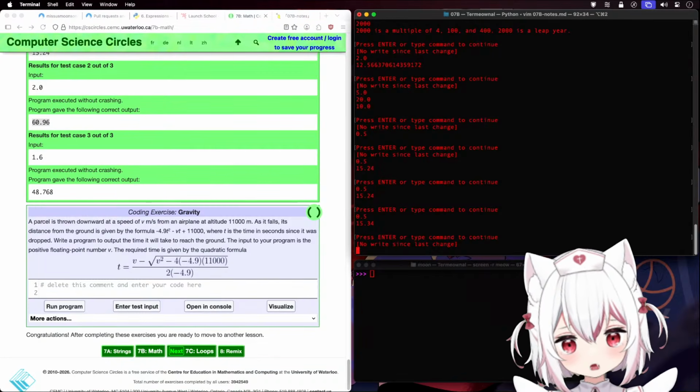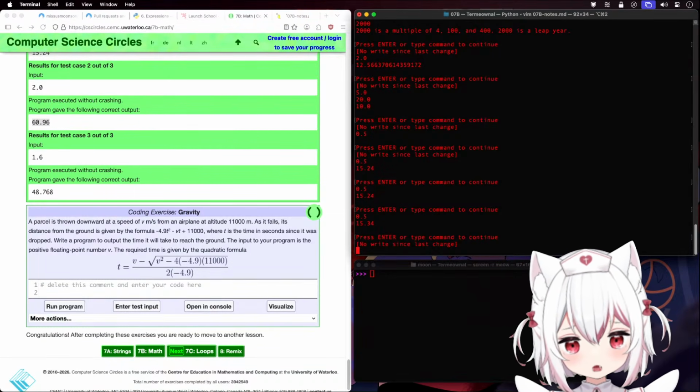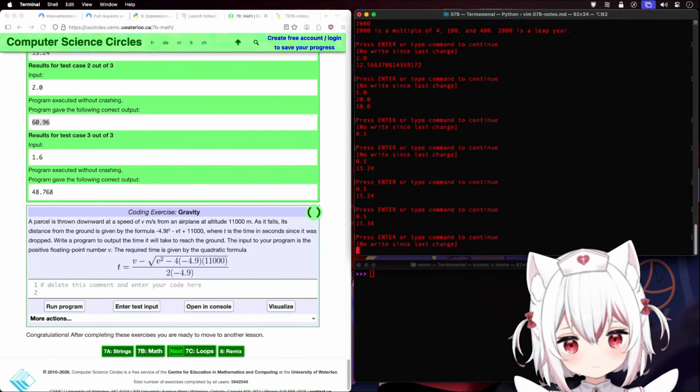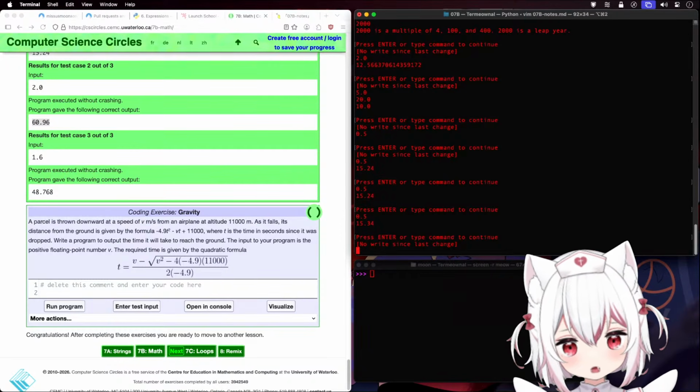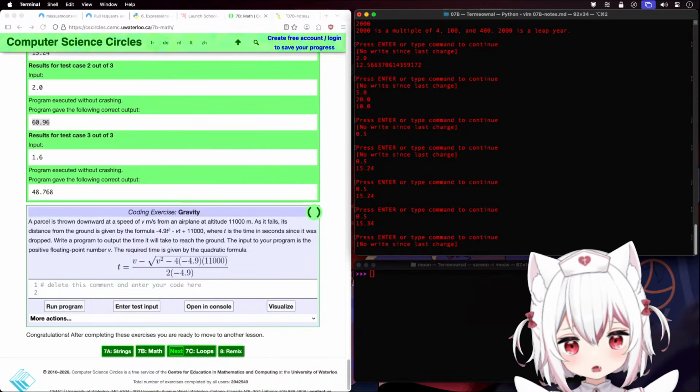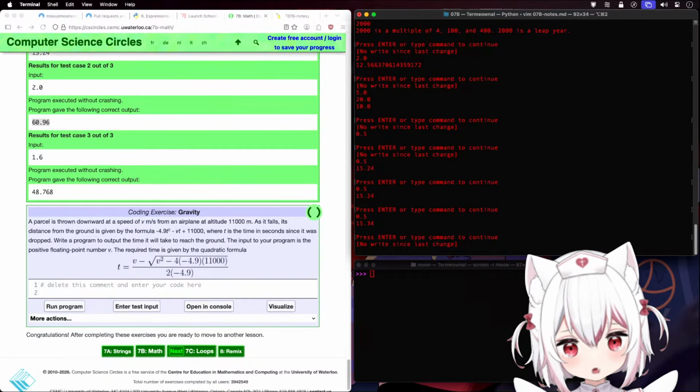A parcel is thrown downward at some speed. As it falls, its distance from the ground is given by some formula. t is the time since it was dropped.